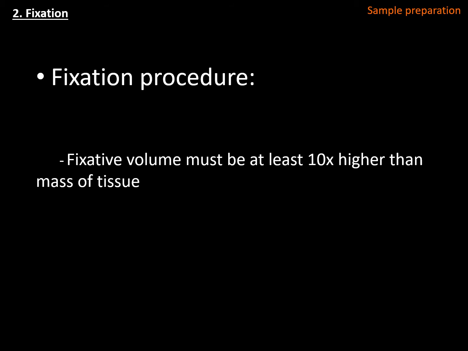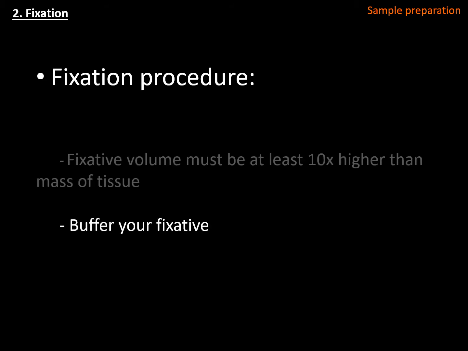If you have a big volume of fixative, this will promote a more homogeneous fixation and will allow even bigger tissues to get uniformly fixed and preserve their integrity. Another aspect that you should always bear in mind is that you should always buffer your fixative, because this will prevent any osmotic shocks that might occur during the fixation process.